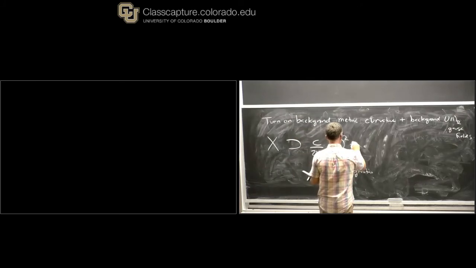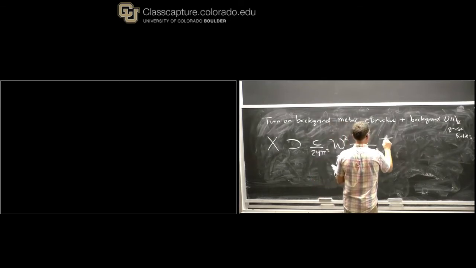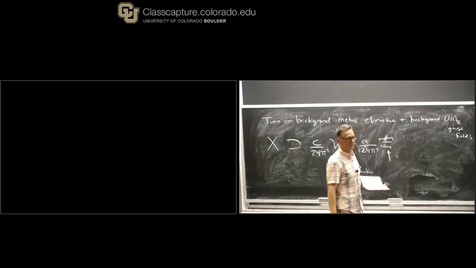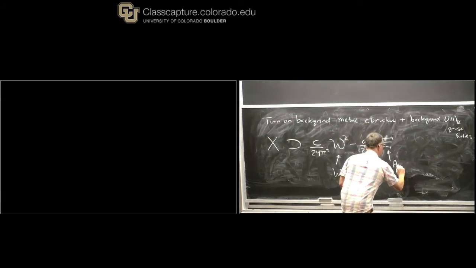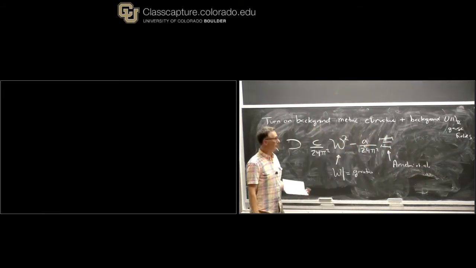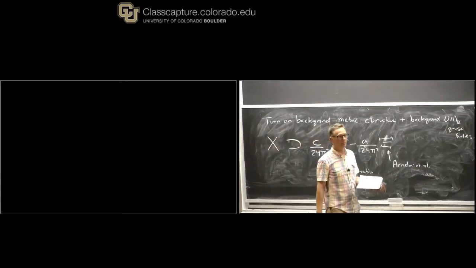And then there's another term that gives the A anomaly. This is some other object that I won't really spell out, but if you want, you could check in their paper. What it is, is some superfield version of the Euler density and the Pontryagin density. And that's what A is.